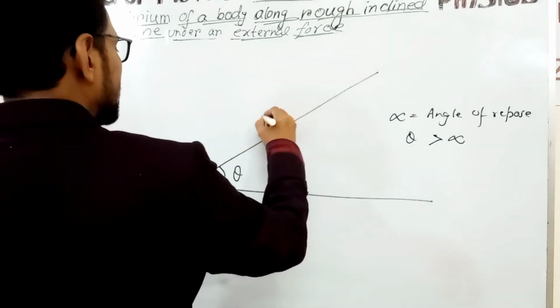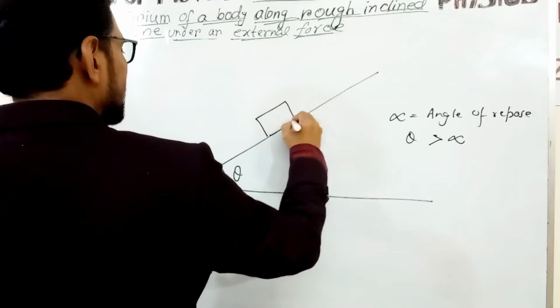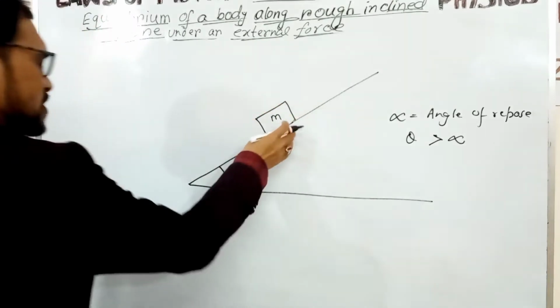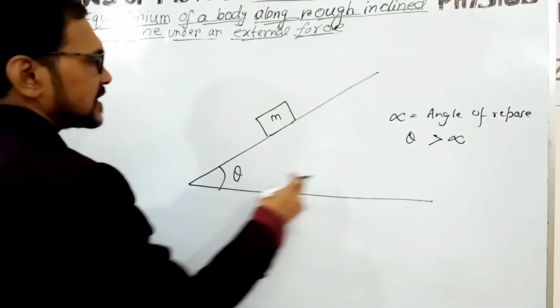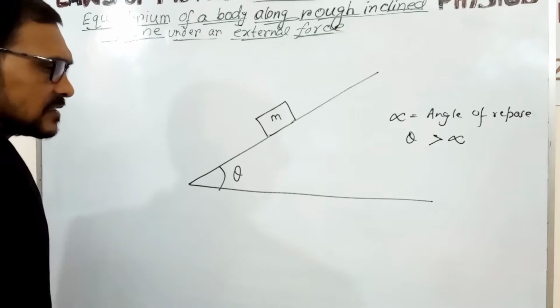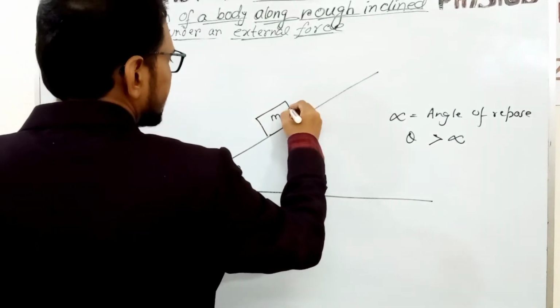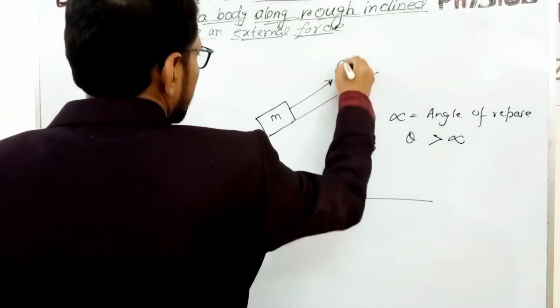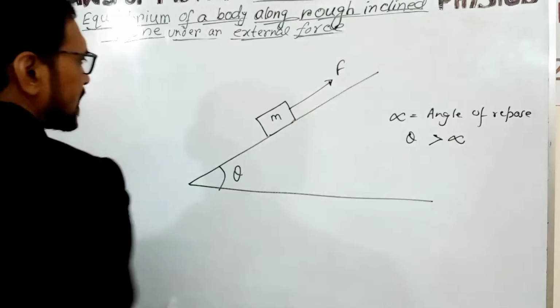Now if a body is placed on a rough inclined plane, suppose a block of mass m is placed along the rough inclined plane and theta is greater than alpha. What happens? The body moves in this direction. Now an external force is applied parallel to the inclined plane.